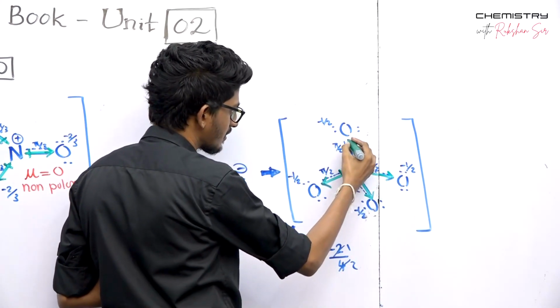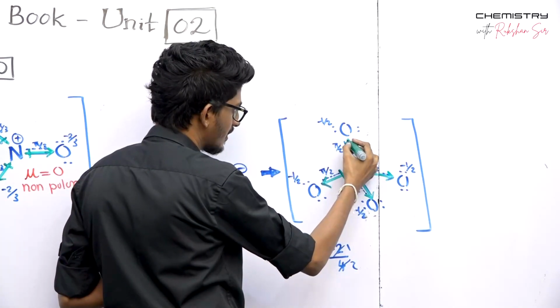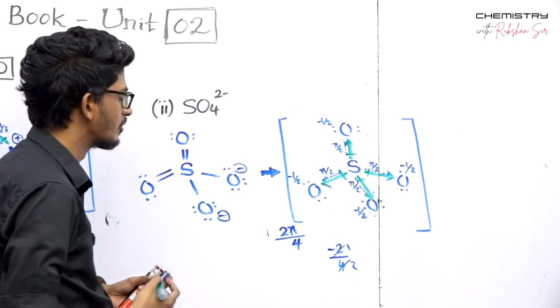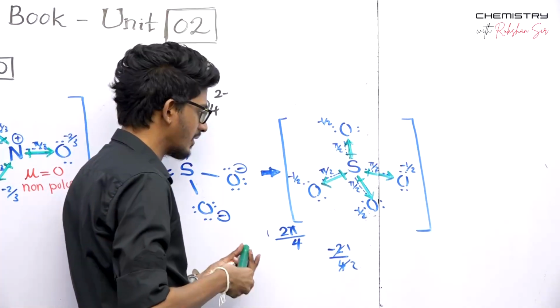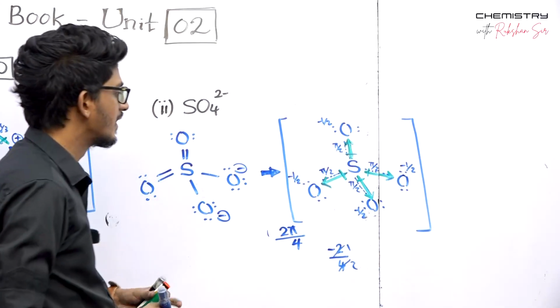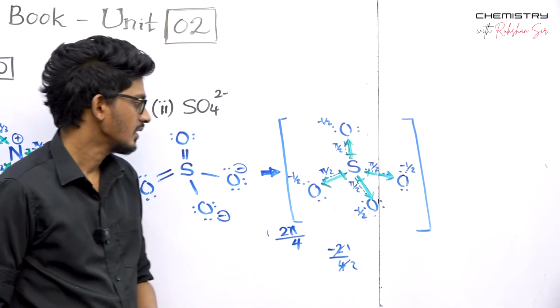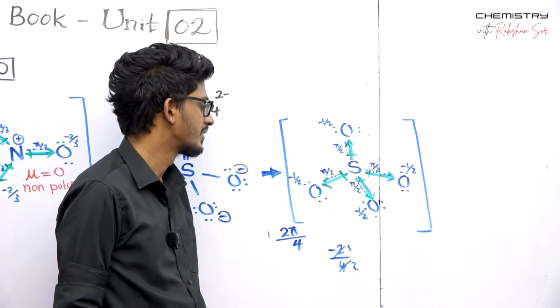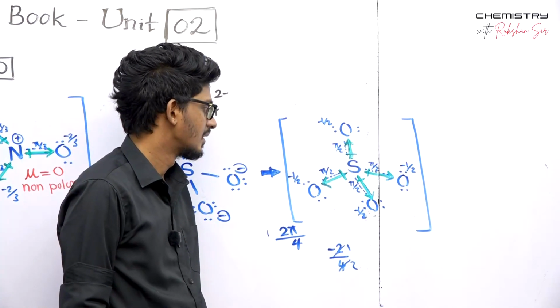So these are the directions. These 4 sulfur-oxygen bonds have the same magnitudes because the same kind of 4 bonds are appearing, right? So 4 same kind of dipole moments appear.